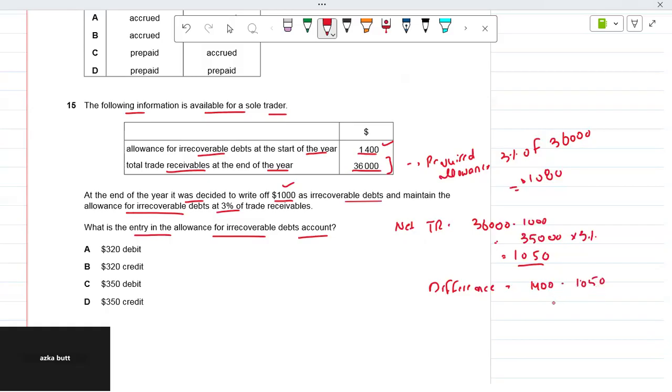Okay. So this is equal to $350. Since the required allowance is less than the existing allowance, we need to reduce the allowance. So what will be the entry? We will debit the allowance account to reduce it by $350. So the entry in the allowance for irrecoverable debts account is a $350 debit.